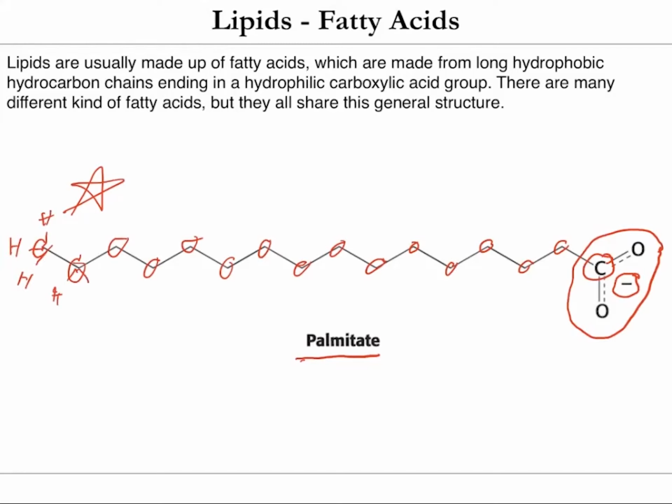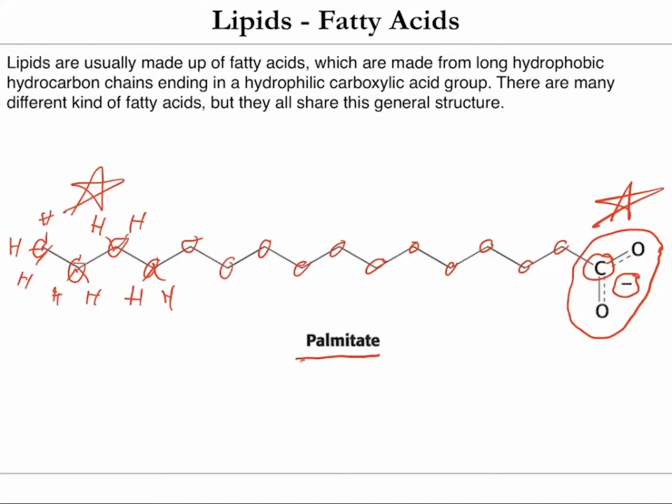So one will have 2, this one will have 2 as well. And so these fatty acid chains are basically just made out of these hydrocarbons. These are non-polar hydrophobic chains, so they don't like being associated with water, whereas this side right here has a charge to it, so it can actually interact with water.